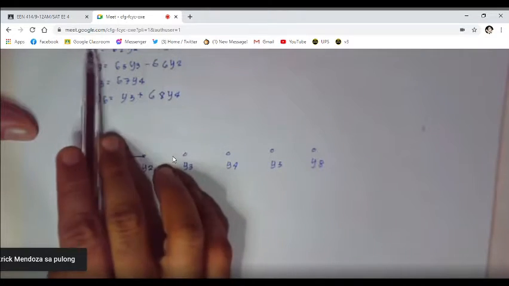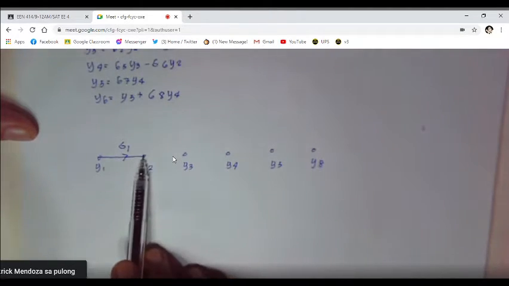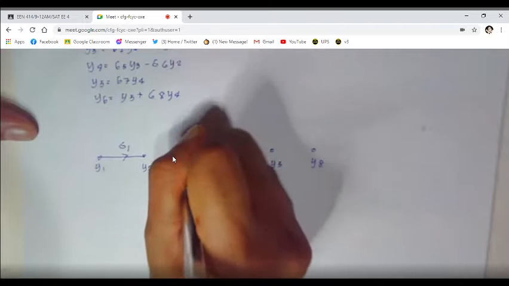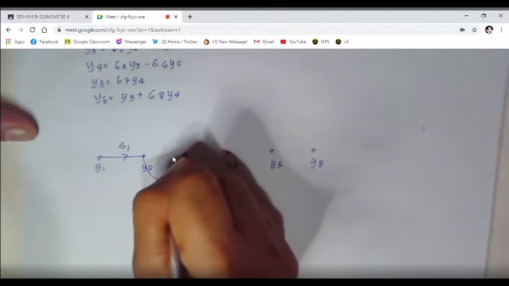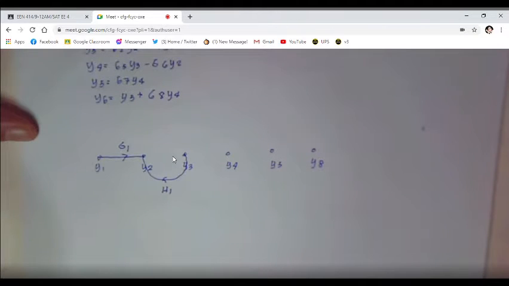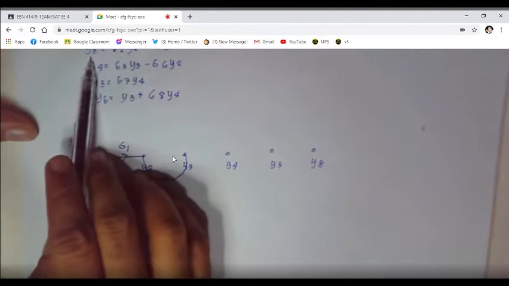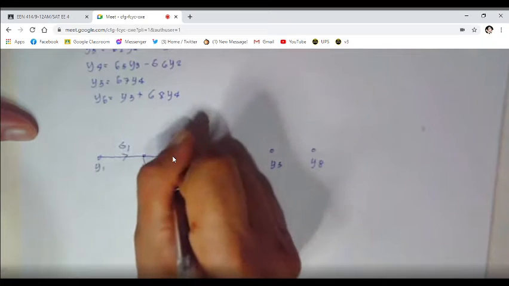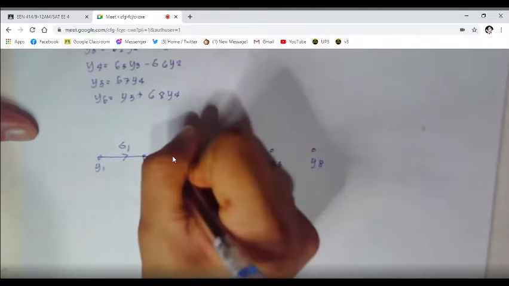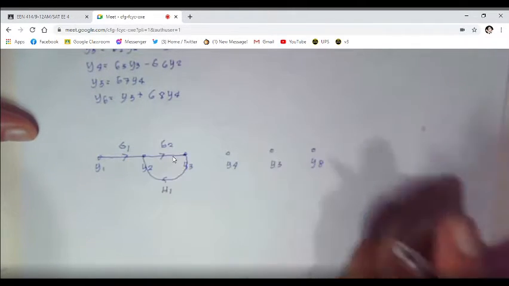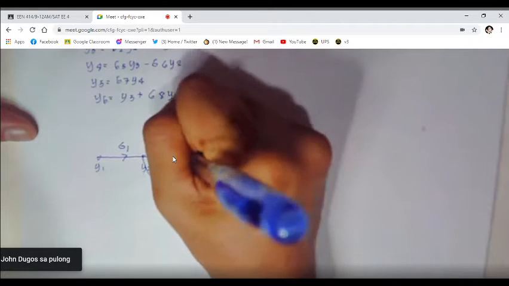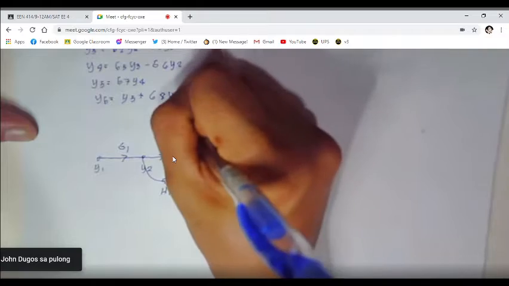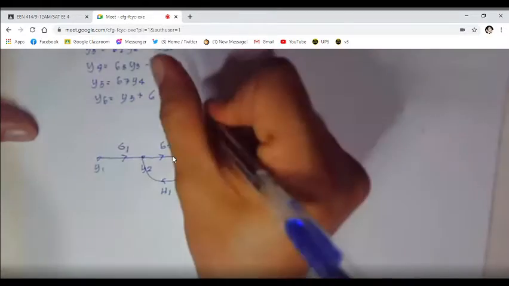Then Y3 goes to Y2, a feedback going back, with H1. Next, Y2 goes to Y3 with G2. Then Y3 to Y3 is a self-loop with G3.